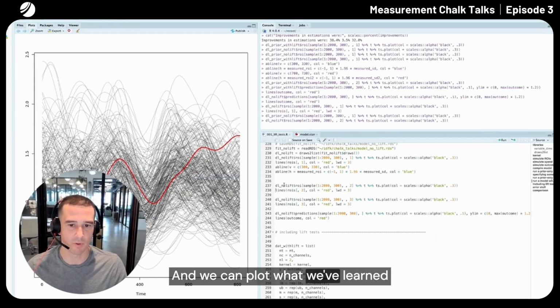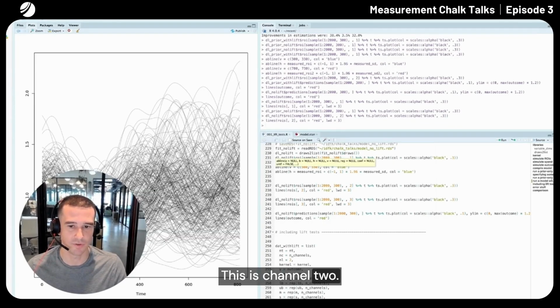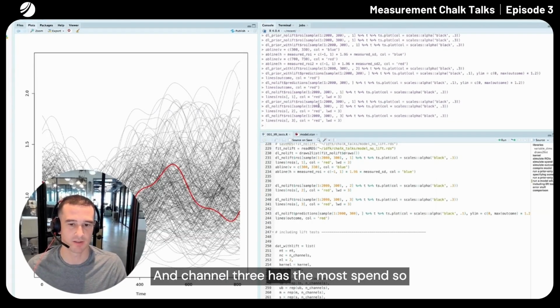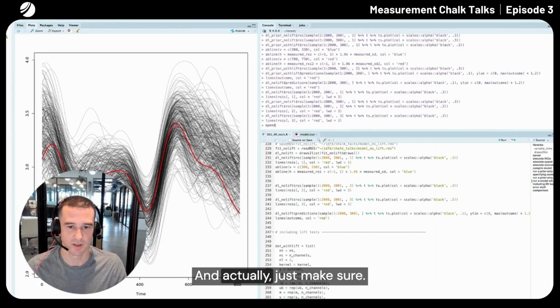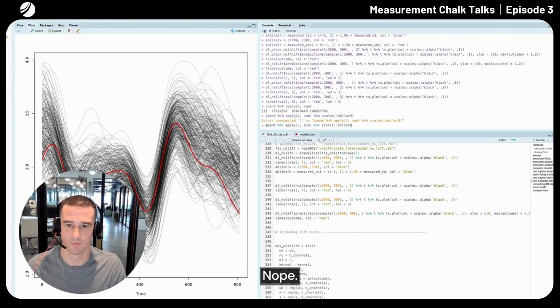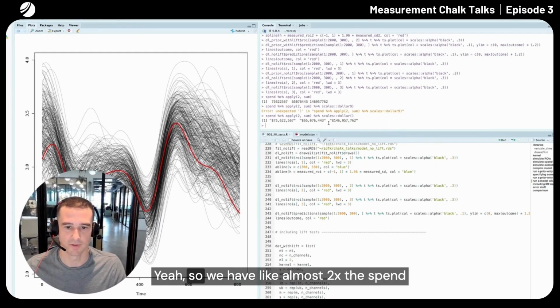And we can plot what we've learned about these other two channels. This is channel 2, and channel 3 has the most spend, so it gets the most signal in the model, right? So this is the most precise version of the model. And actually, let me just make sure. Nope. There we go. Yeah, so we have almost 2x the spend in channel 3 relative to the other two.